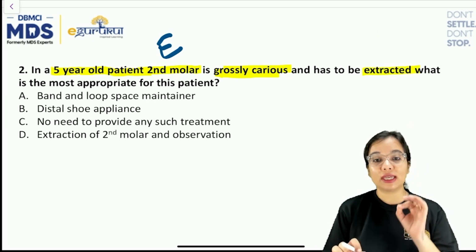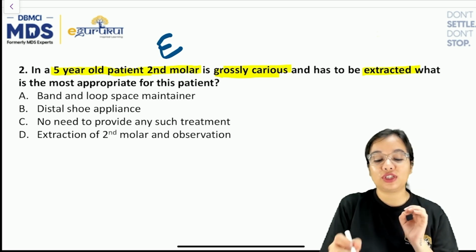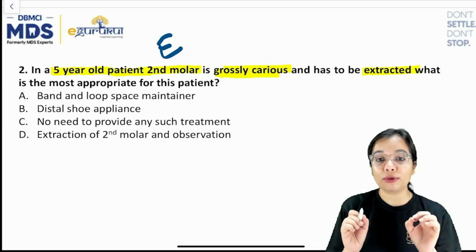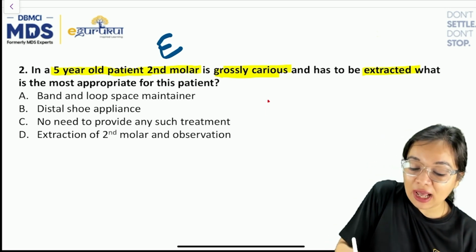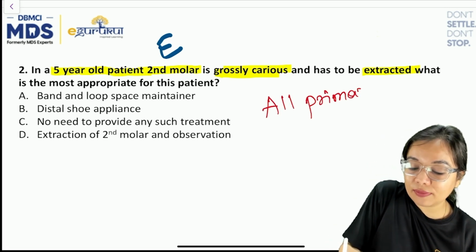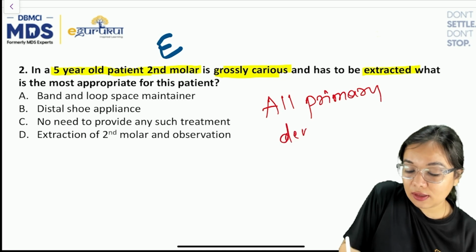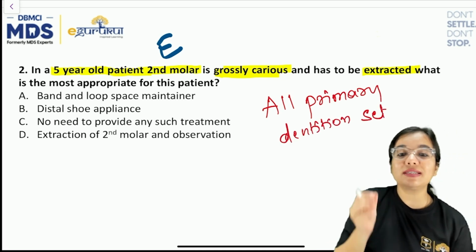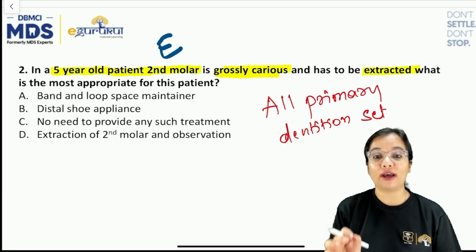So the first thing, when you see that the age of the child is 5 years, the first thing that should come to your mind is that he will have all primary dentition. Not even a single permanent tooth would have erupted.